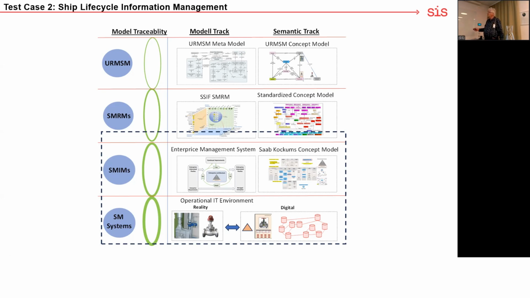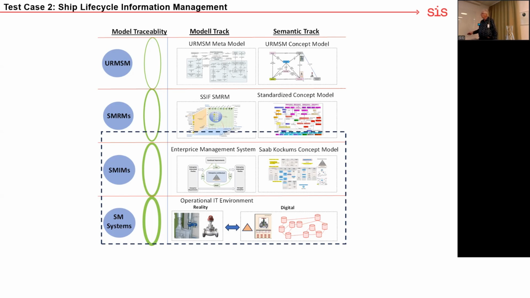What we can see is that URSM is about standardizing how we transfer and define models. That is where the meta model in URSM plays a really critical role. And this model is then detailed in the smart manufacturing reference models. This example is the SSEF model that is used as an input to the JVG 2021 work.